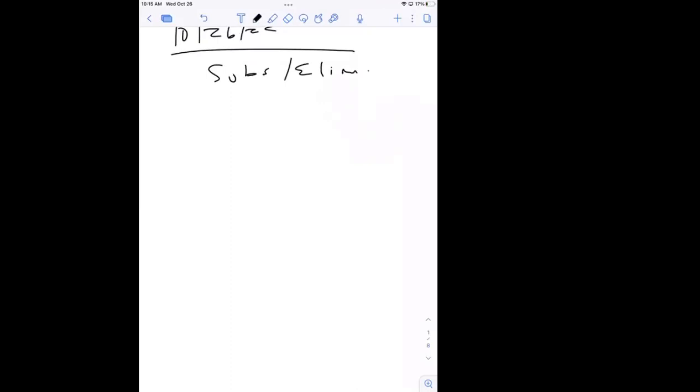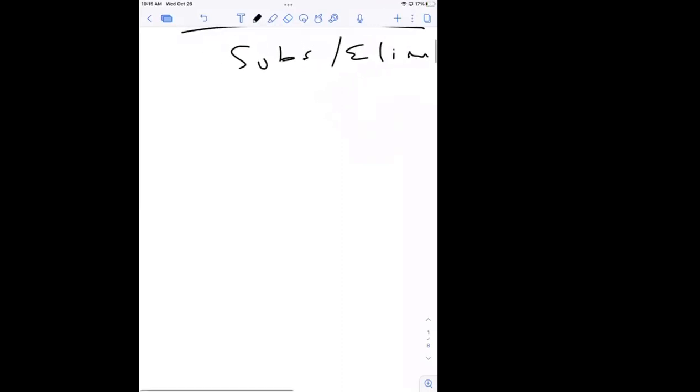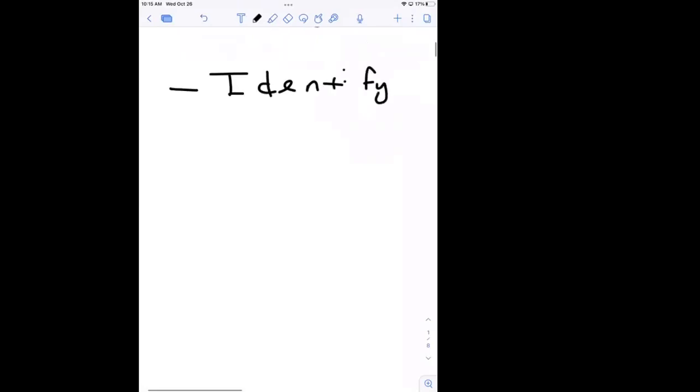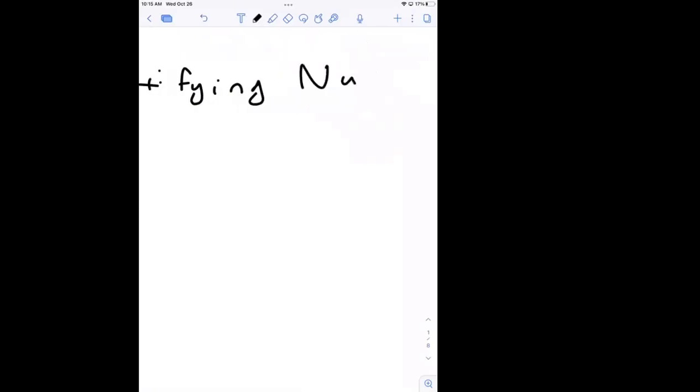And I'm gonna really pare this down because it's a very nuanced topic. We're gonna talk about identifying the nucleophile, leaving group, base.